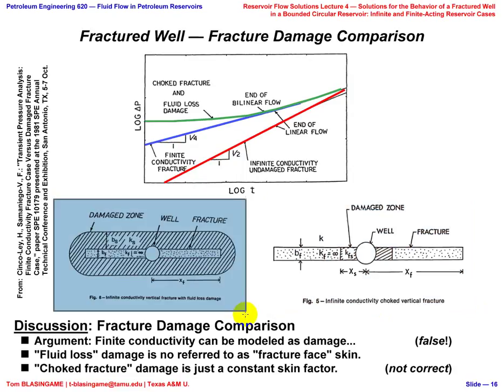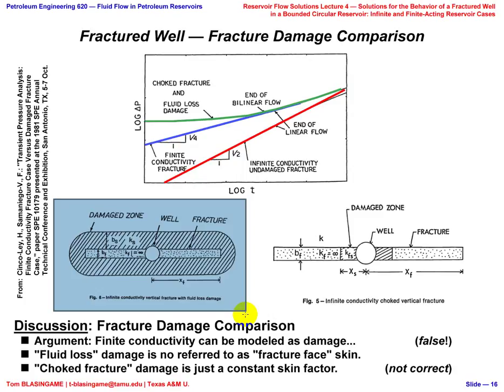It could be a damaged fracture. I'll give them that. Because later on, after all this happened, people began to say that there could be a fracture face skin. So depending on whoever's model you look at, there's company I and there's company K. And company I, they like to use sort of a radial flow skin. And company K, they've been using fracture face skin probably for 20 years, maybe more.